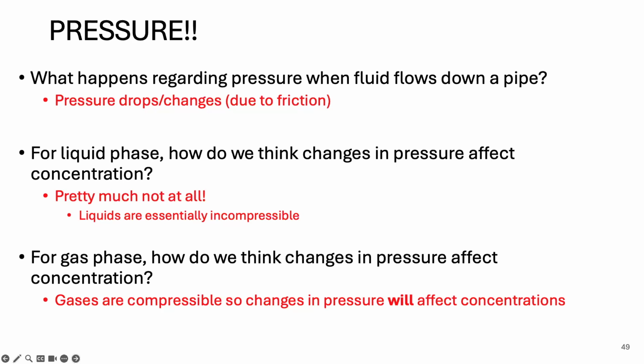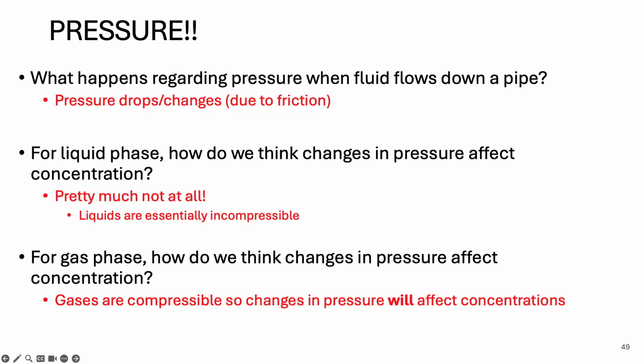Now, that's not necessarily going to affect our liquid phase reactions, because as pressure changes, that doesn't really impact concentration, since liquids, being much more dense on a molar basis, are essentially incompressible. But for gas phase, where molecules are further apart, these are compressible fluids. And so if we have changes in pressure, positive or negative, that will affect concentrations.